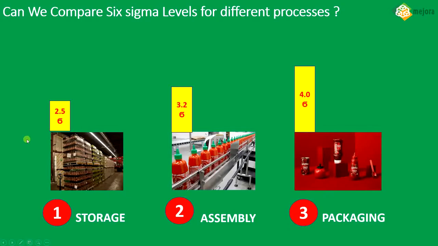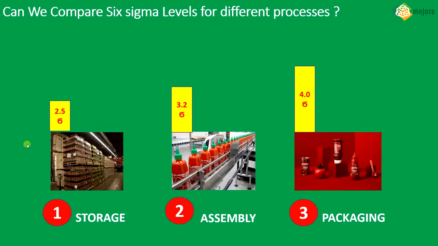So with only the sigma level, is it right to interpret that packaging is doing better and storage is not doing better, or that the storage process needs improvement and the packaging or assembly does not need it, right? Is it right to say that?